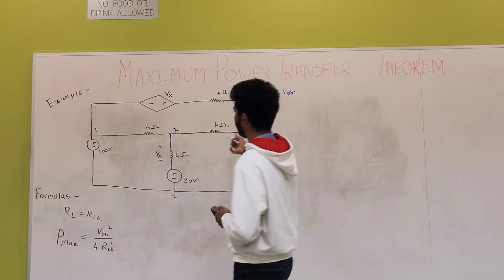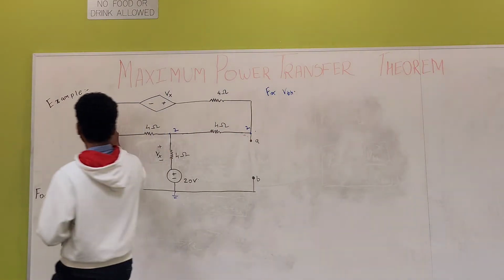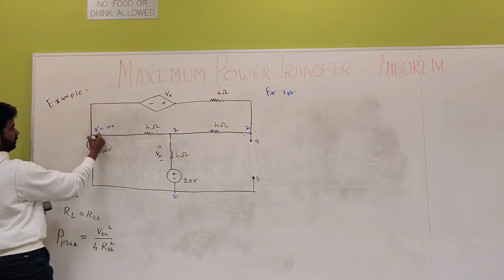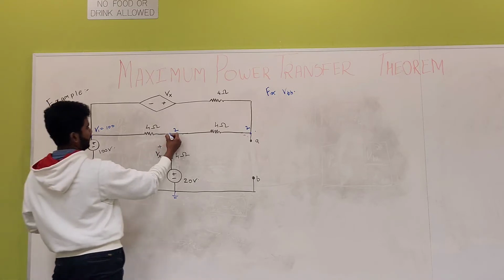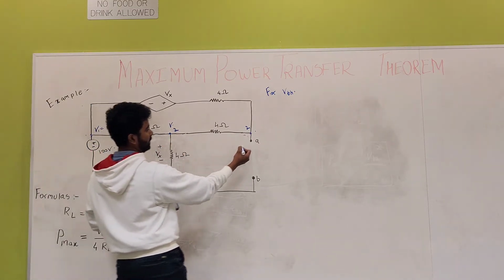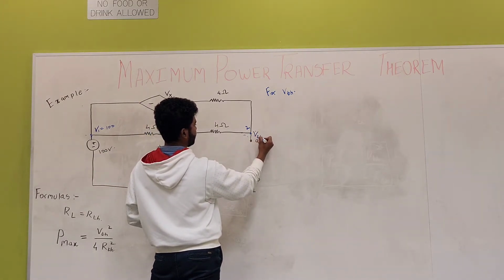I'll start with point 2, because over here at point 1, V1 is equal to 100, coming from this side. At this point I'll consider it as V2, and this would be my Thevenin voltage, so I'll consider this as VTH.